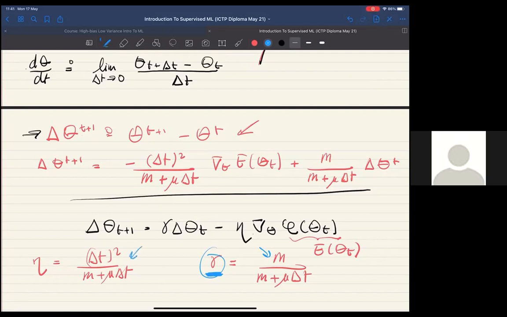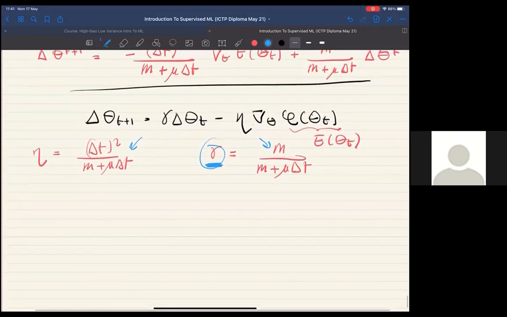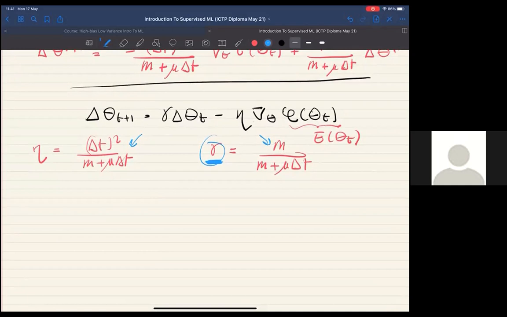And you see indeed also that the learning rate is proportional to the time increment squared, so it's related to the time increment. Okay, this controls the speed of the dynamics. All right. So now we have our equivalence between our physical model, our particle moving in this landscape, and this gradient descent dynamics.